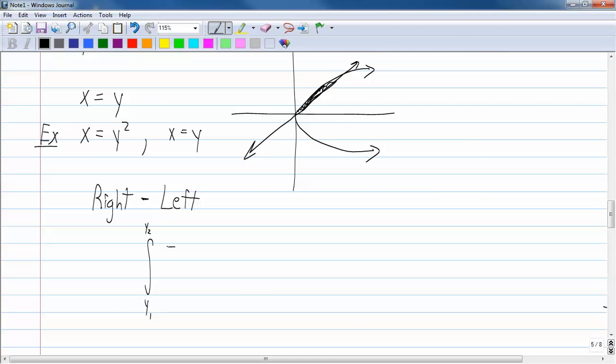Okay? It's the same formula, right minus left. Now, since you can have x equals y instead of y equals x, it's not dx, it's dy. You have to integrate with respect to y instead of x.